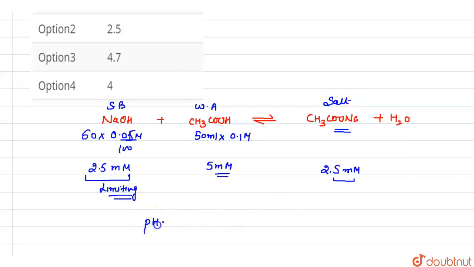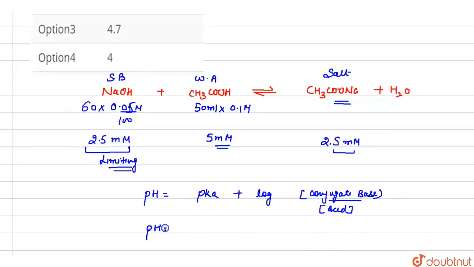Okay, that means in this case pH will be equal to pKa plus log of concentration of conjugate base upon concentration of acid. So its concentration is 2.5 millimoles upon the total volume, since concentration equals number of moles upon volume.